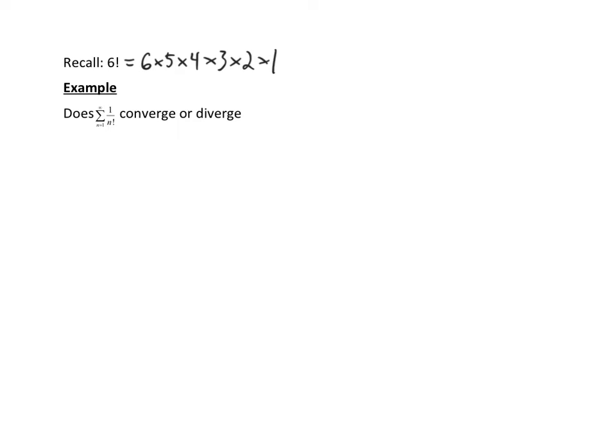If we're going to use the ratio test, we need to look at the limit as n approaches infinity of 1 over, it was a sub n plus 1, so the next term, n plus 1 factorial on the bottom, divided by the absolute value of 1 over n factorial.